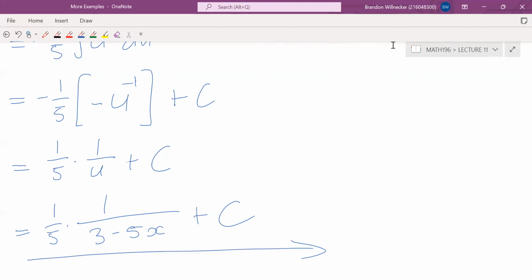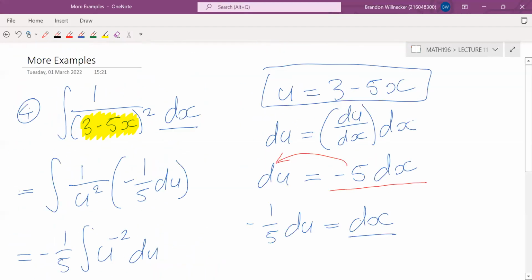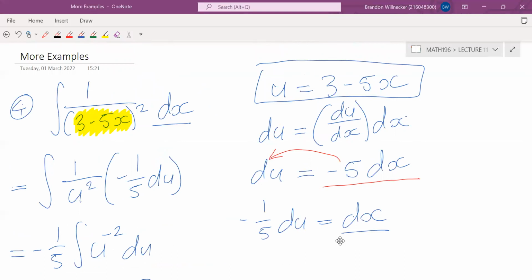Okay, so again, not very complicated. Let's just run through this one more time. We have this integral. In the denominator, we have something complicated. What is making it complicated? The 3 minus 5x. So the first thing we do is we let u be equal to 3 minus 5x. Good. Now we need to find du.